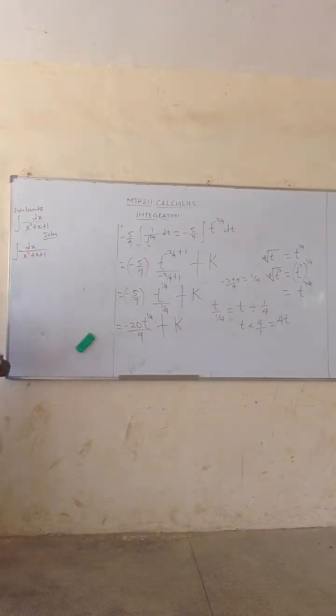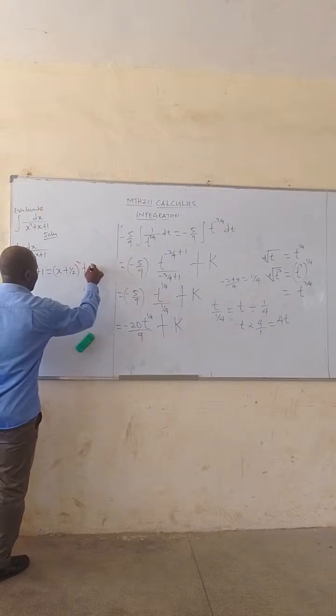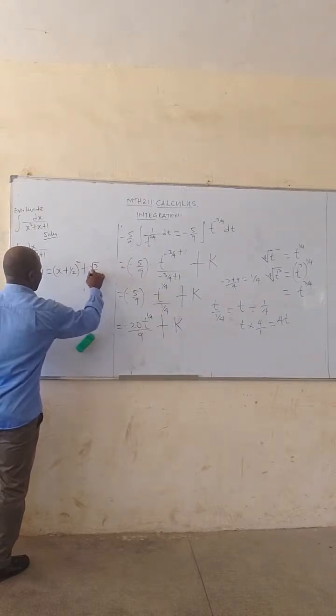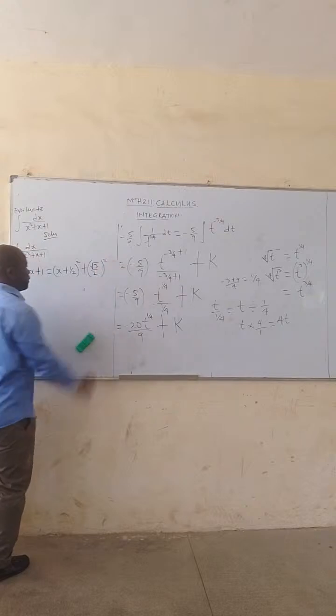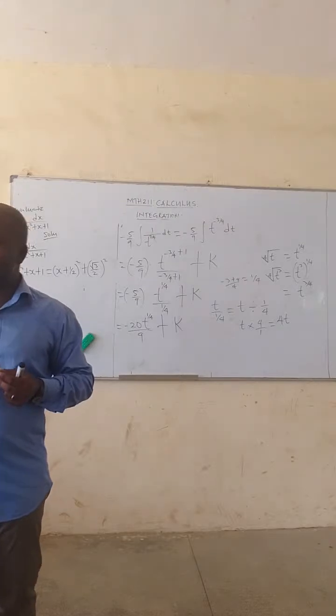Now, I want to do something. Please listen. Since we cannot integrate this function as it is, it means our x squared plus x plus 1 is the same thing as x plus 1 all over 2, all squared, plus square root of 3 all over 2, all squared.